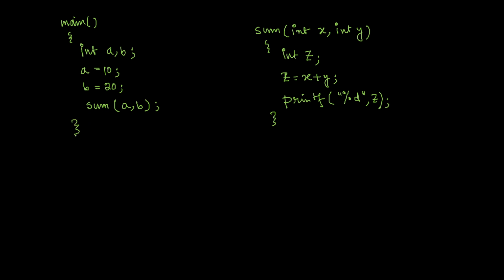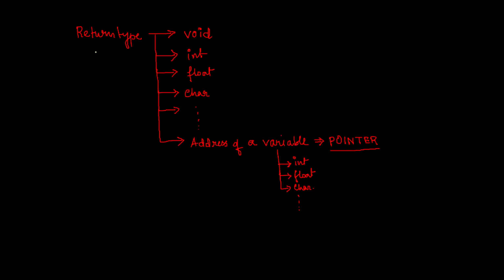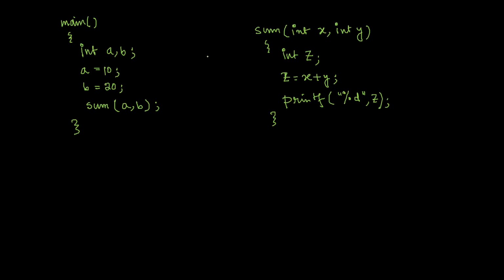So here your program ends. But one thing is still left: what is the data type of this sum function? I told you that the return type will be void if nothing is returned. So here it will simply be void.